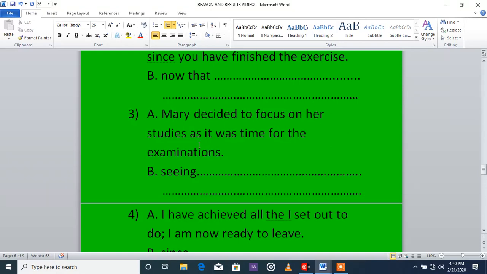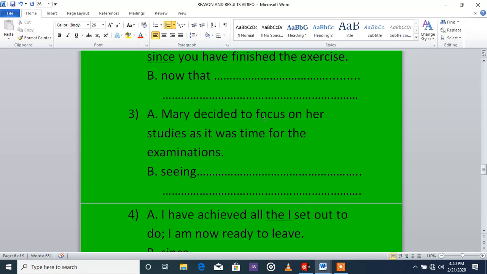Because it was time for the examinations. Now, begin seeing. So let's focus on which one is the subordinate. It was time for the examinations. So we'll start with the subordinate.